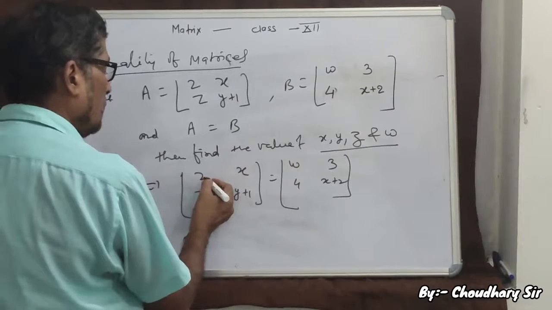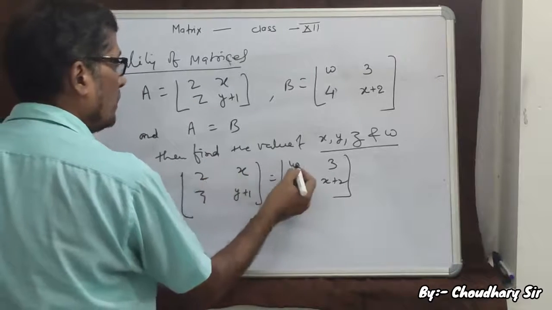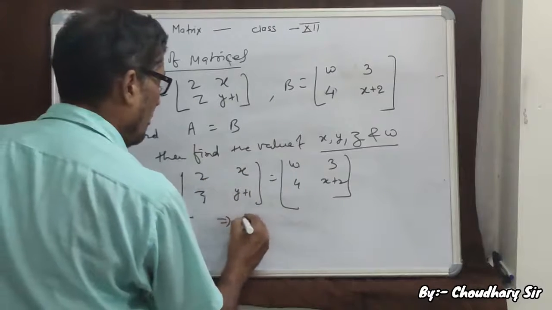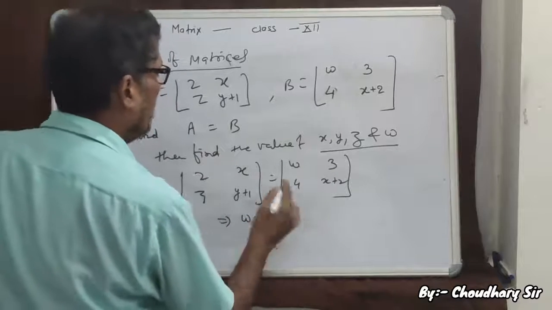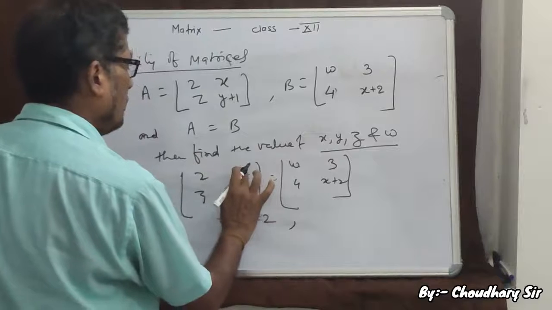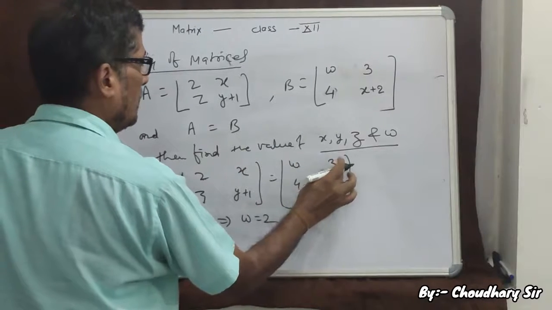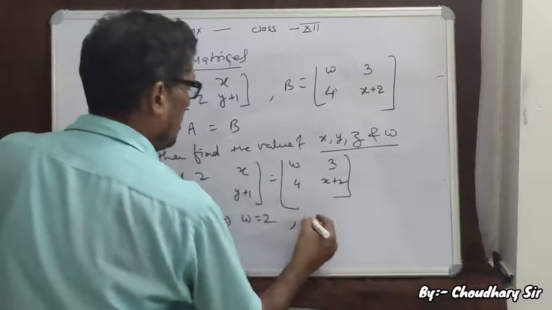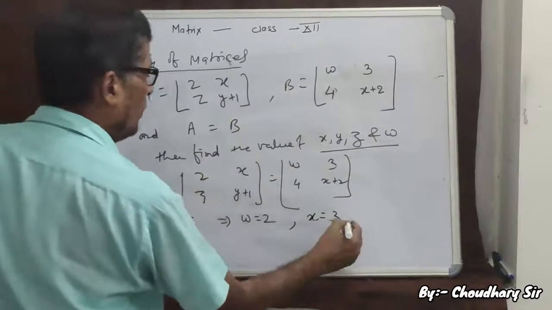That is, in the first row, A11 equals B11, so 2 equals w. This implies the value of w is 2. The second element of the first row equals the second element of the first row of the second matrix, so x equals 3. Now z equals 4.